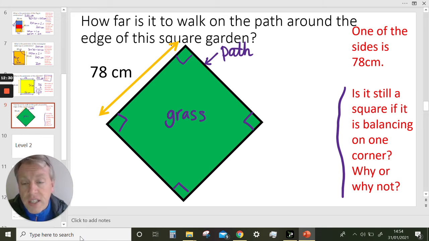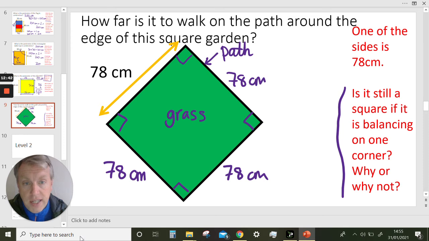So if it's a square, all the sides are the same, which means all the sides are 78 centimetres. That's right. 78.